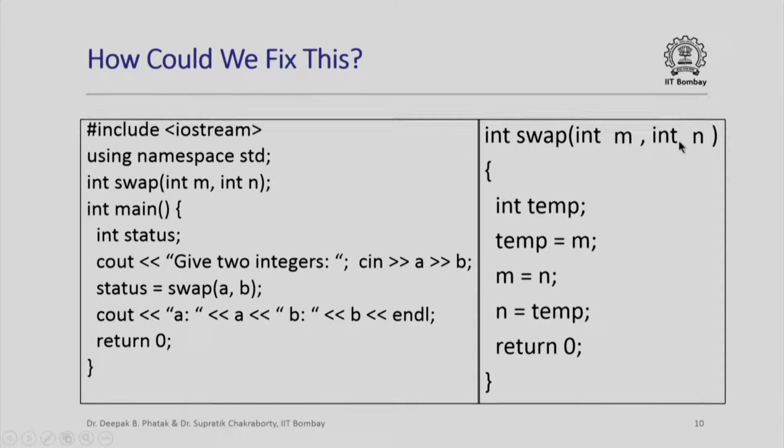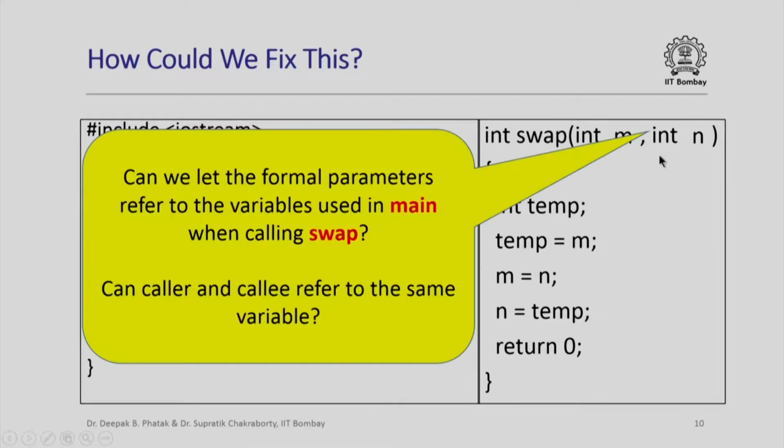So m and n were not really referring to a and b, but they just had the values that a and b had. So to solve this problem, we could ask, can we let the formal parameters of a function refer to the variables used in main when calling swap? Basically we are asking, can caller and callee refer to the same variable?